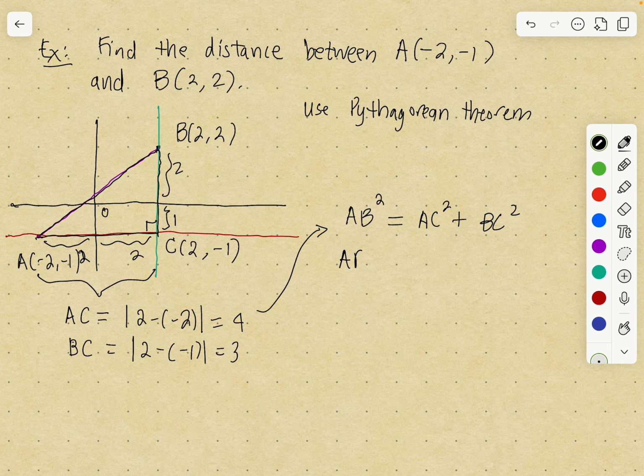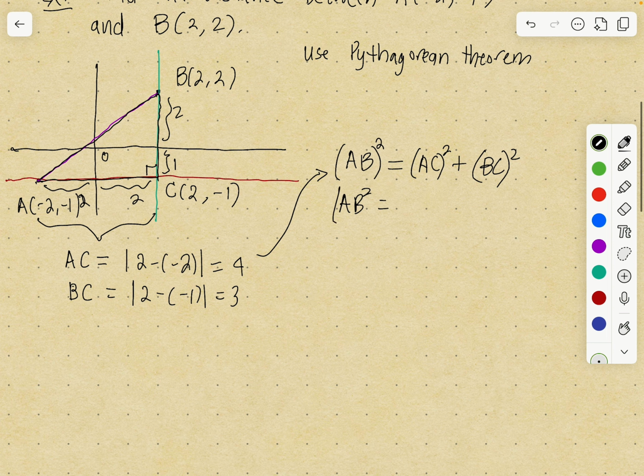So AB squared, I'll put parentheses just to make it clear that we're taking this length and then squaring it. It's AC, that's 4 squared, plus BC, that's 3 squared. So AB squared, 4 squared plus 3 squared, is 25. AB is a positive number, therefore AB is equal to 5, which is the square root of 25.